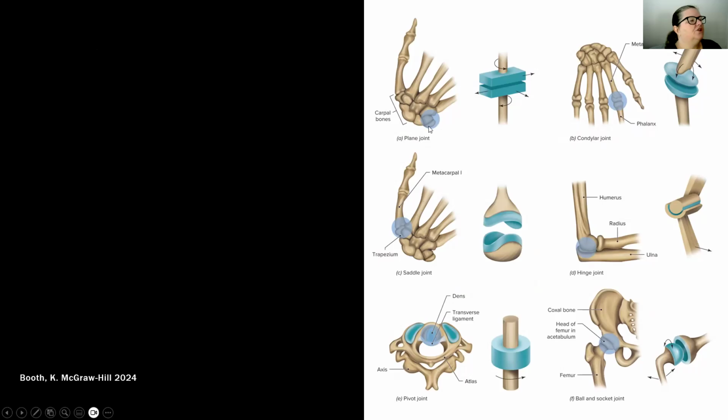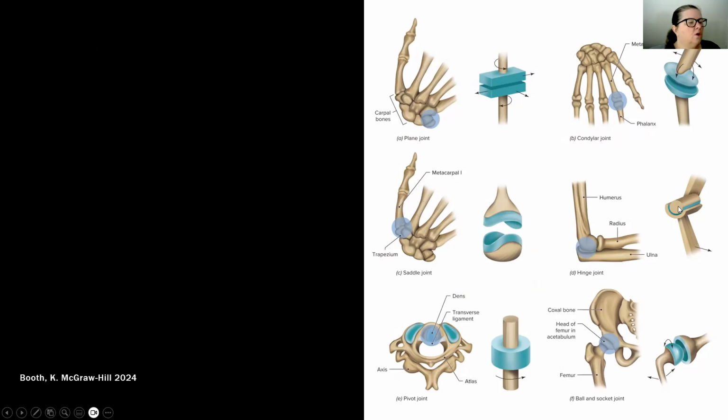So here's that plane joint where you have just two kind of flat areas that move together. Here is that condylar joint where you've got the oval on oval, basically. The saddle joint where you have the saddle going into the depression of the same shape.